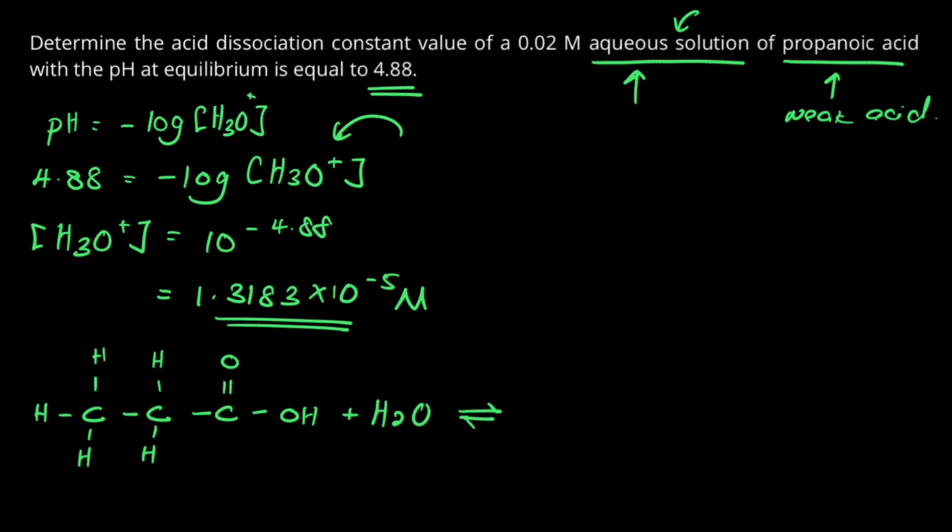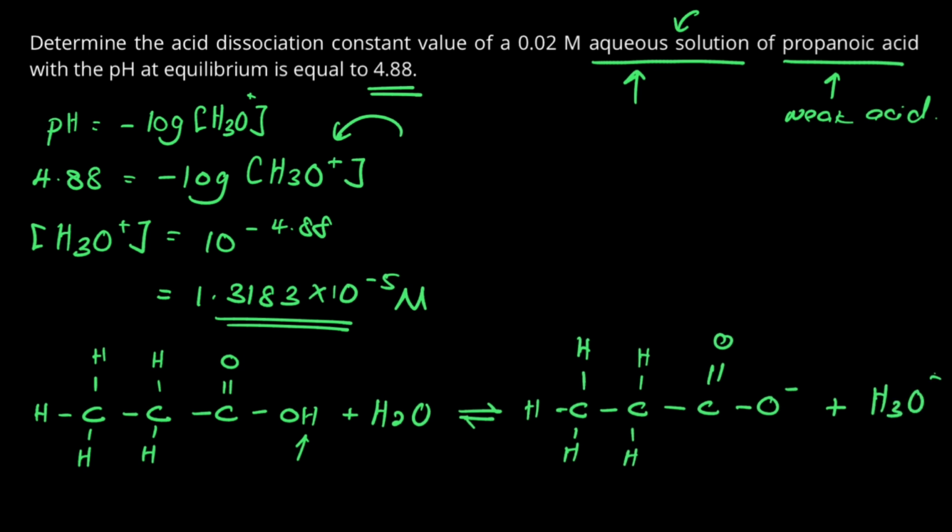Since you already add water, you are going to remove the H around here, so you will still get a 3-carbon chain, and at the end you will end up having it like this, plus, because you already took away 1 hydrogen, you will get H3O+. So this is why you have H3O+ over here.